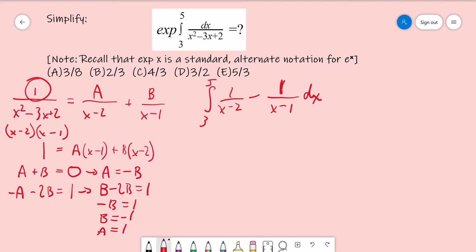So now we can integrate this because the integral of 1 over x minus 2 is just the natural log of x minus 2. And then the integral of 1 over x minus 1 is just the natural log of x minus 1. And we're going to evaluate this from 3 to 5. Afterwards, we'll take the exponent of the whole thing.